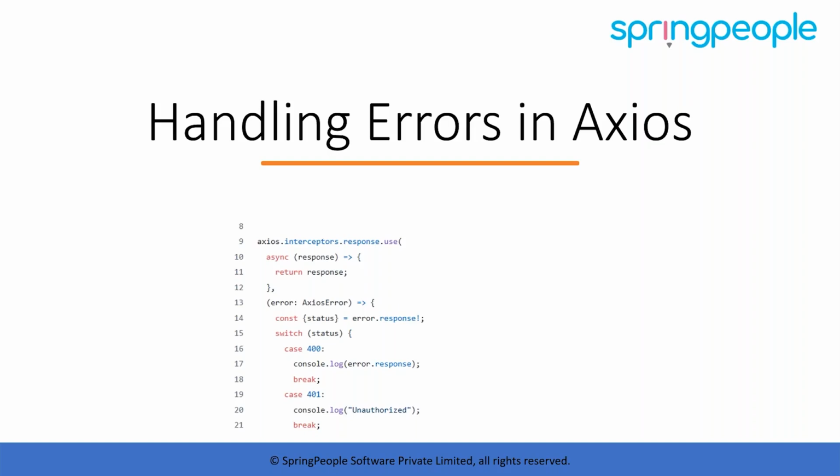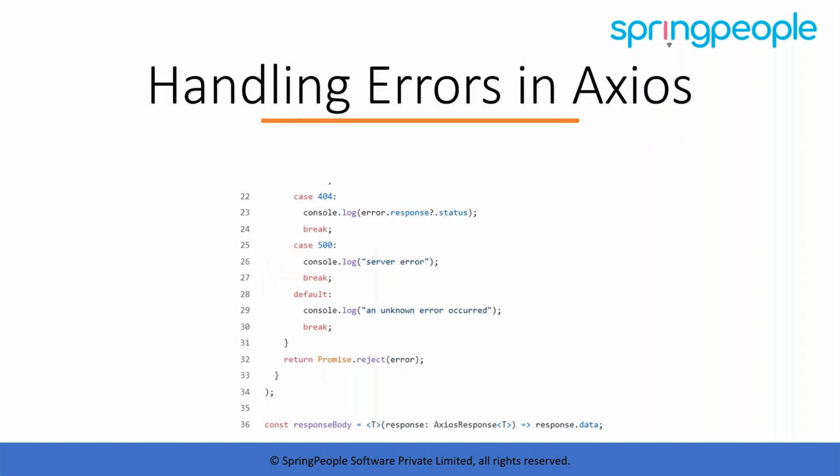If the response has no issues, then fine. But if there is an error, I want to check based on the response of the error. The response of the error is basically based on the status code. So if the status code is 400, I want it to do something. If it is 401, I want it to do something, and so on and so forth. I have written it for about 405.